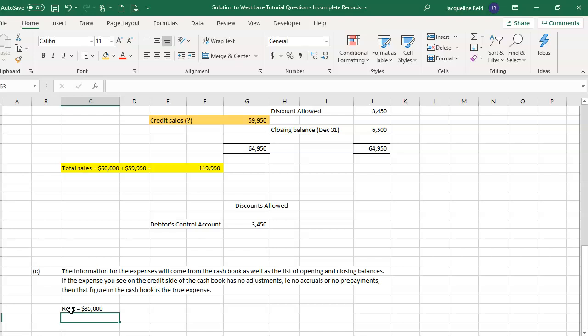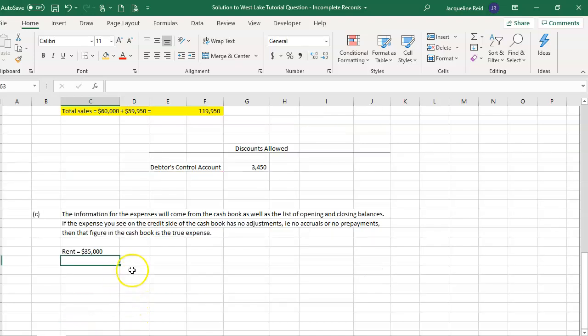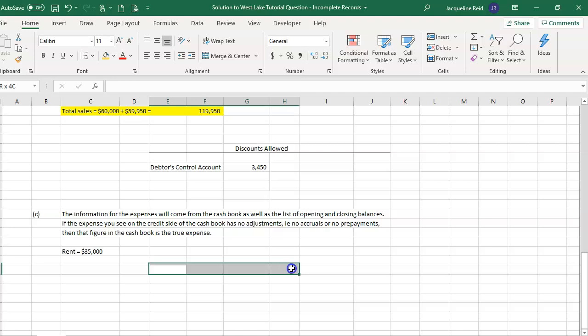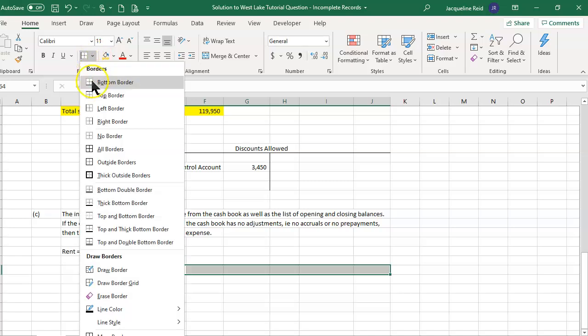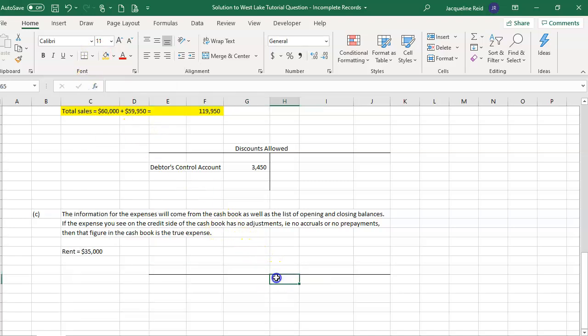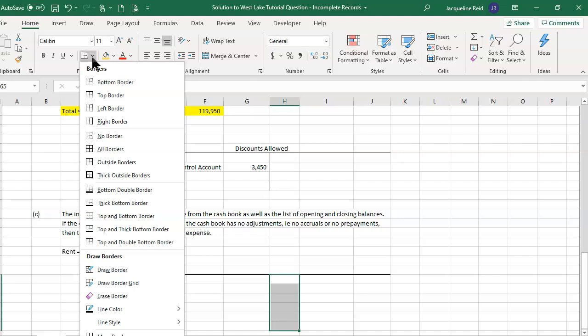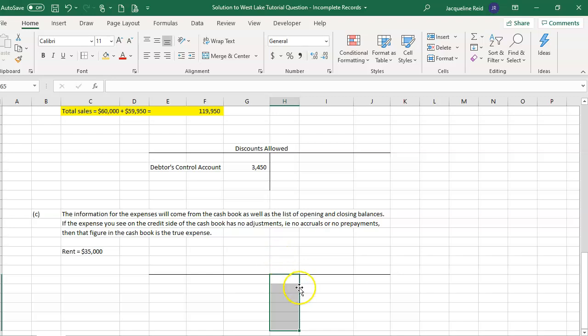Okay? So let us look at what the question is asking for now. It highlights 3 expenses: wages, office expenses, and rates. Now, there is something that you have to be aware of as it relates to expense accounts. As you can see with the 3 expenses that they have highlighted, some have accruals and some have prepayments.